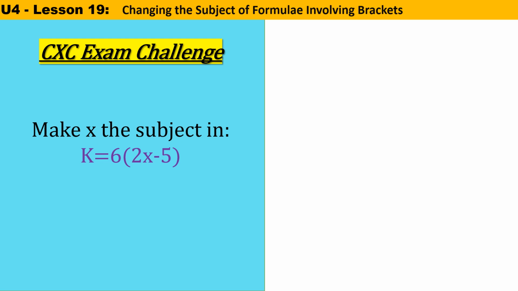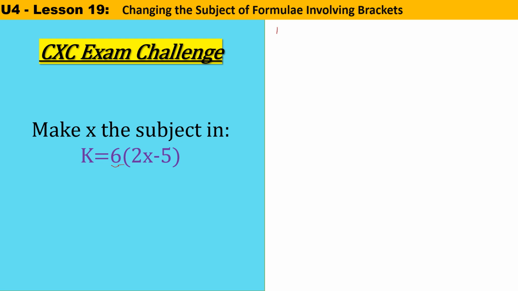Now we are at our CXC exam challenge question, and it says make x the subject in k equals 6 bracket 2x minus 5. So we did a similar one, I think it's example 4. So let's get into it. Here we are multiplying by 6, so we are going to divide both sides by 6.